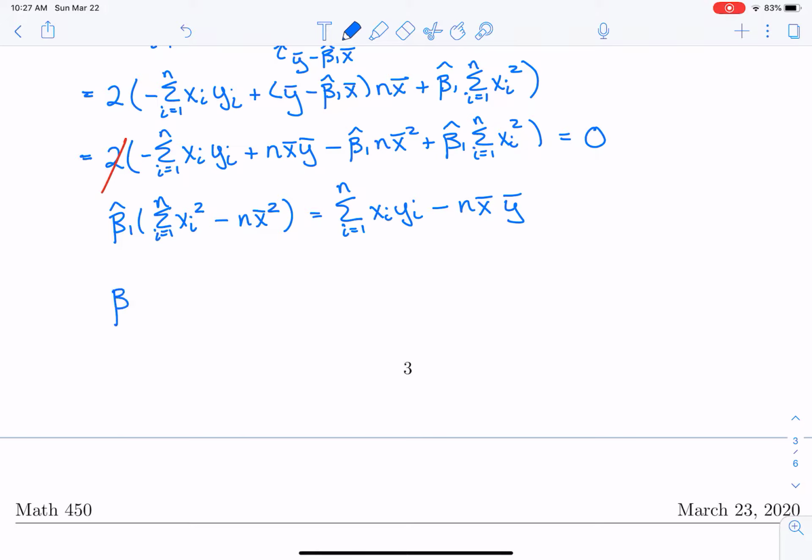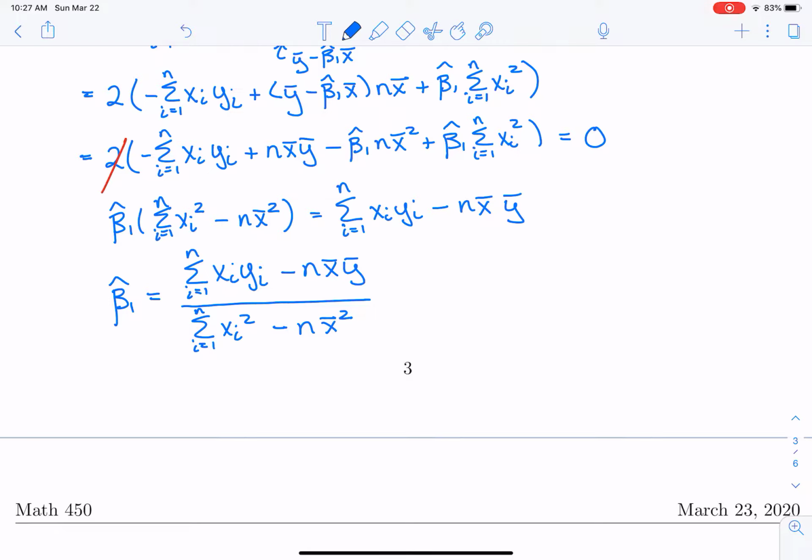So let's see, beta 1 hat is going to equal the sum from i equals 1 to n of x sub i, y sub i, minus n x bar, y bar, divided by the sum from i equals 1 to n of x sub i squared minus n x bar squared. And that gives me beta 1.